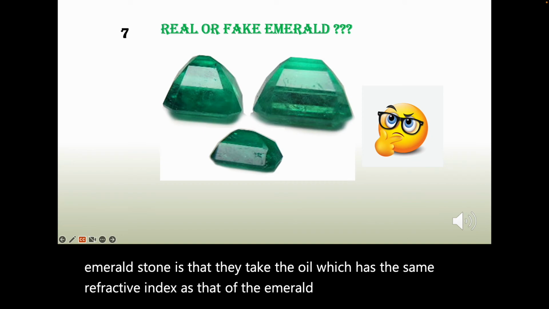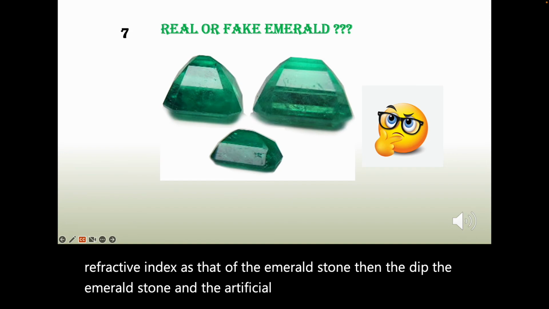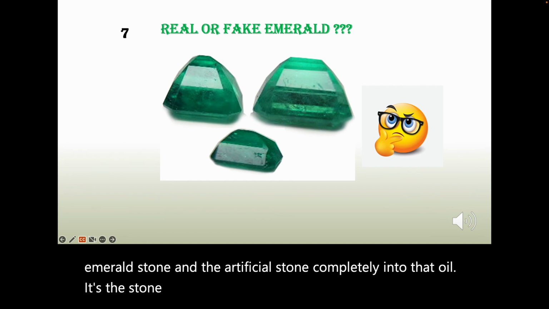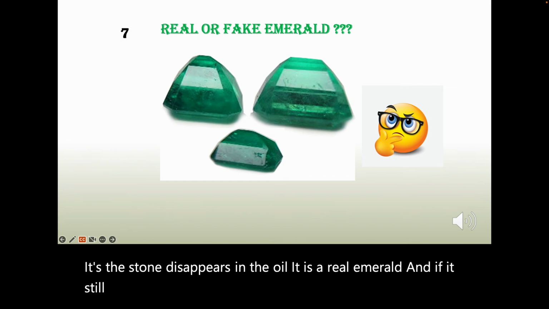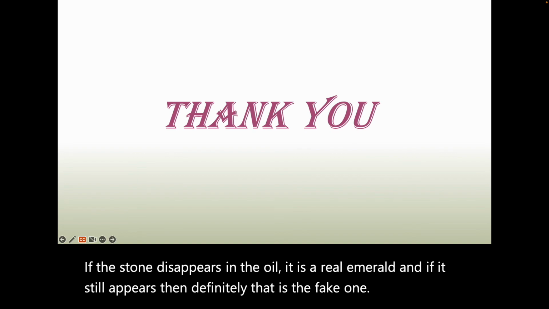Then they dip the emerald and the artificial stone completely into that oil. If the stone disappears in the oil, it is the real emerald. And if it still appears, then definitely that is the fake one.